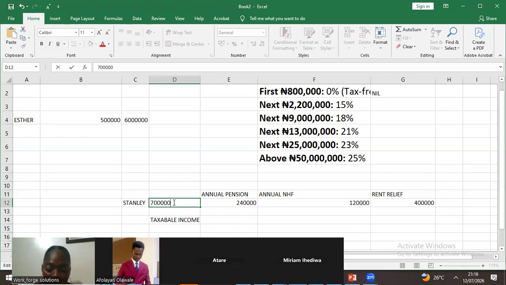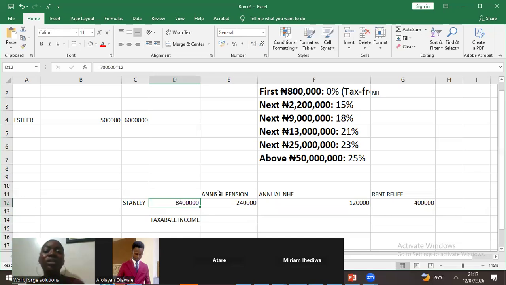So times 12 now, because we are calculating annually. So this is the yearly gross, 8.4 million naira is the yearly gross. Do we understand to this point?